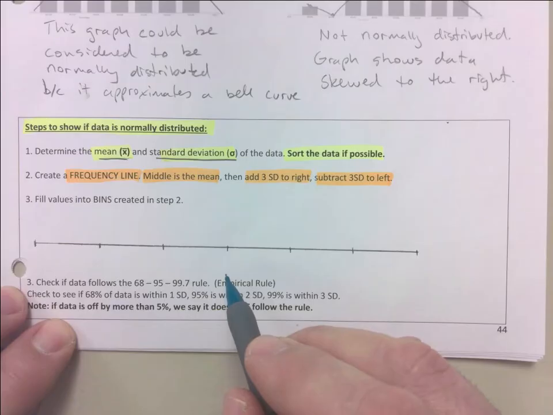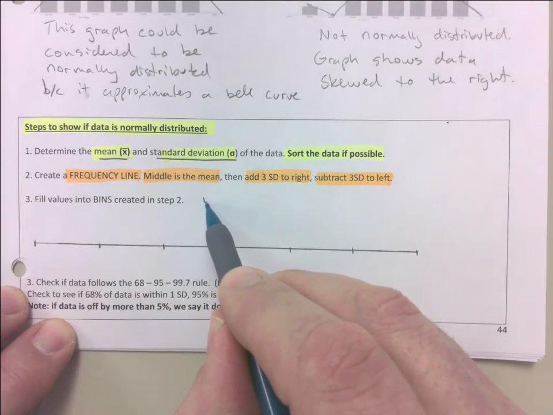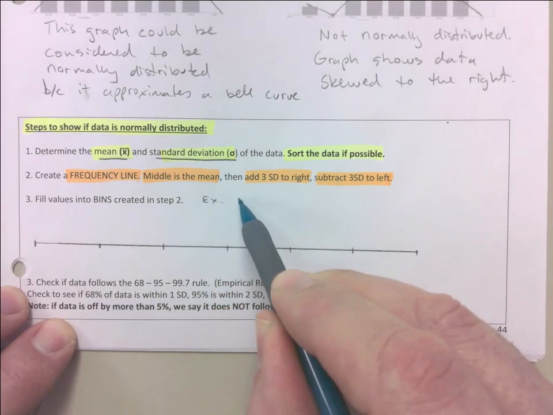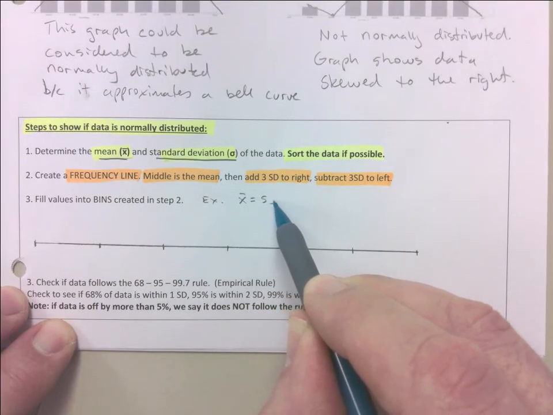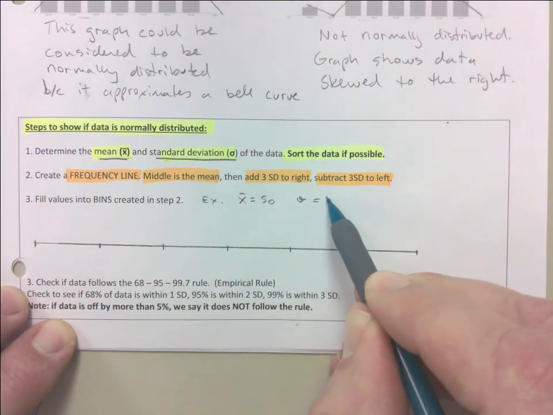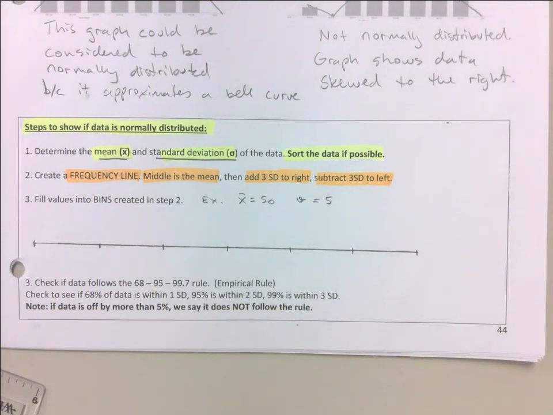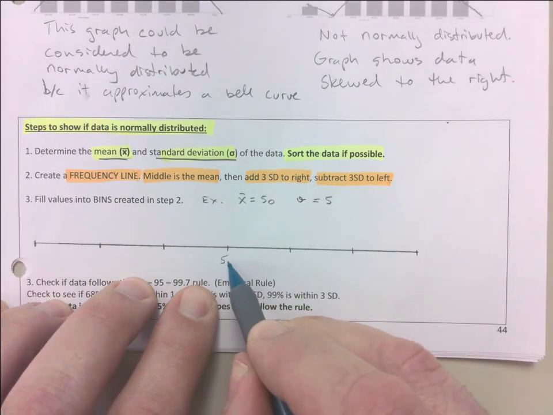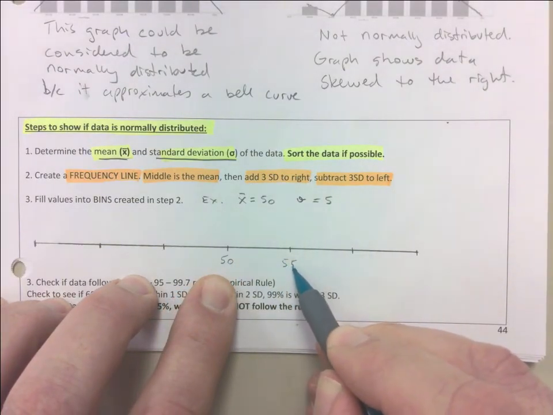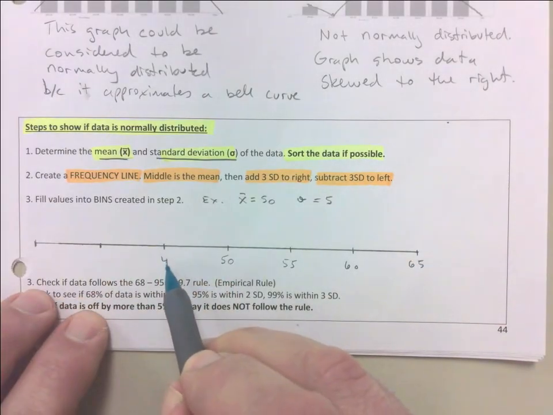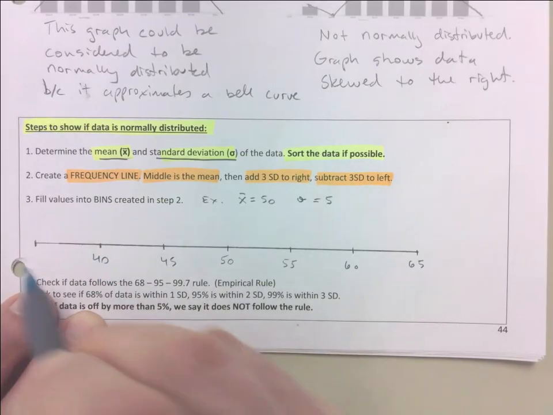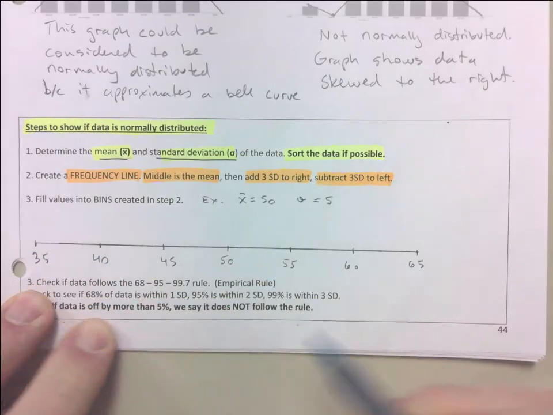Okay? Can I do an example? Let's use easy numbers. Our average is 50, and our standard deviation is 5, just for instance. Then you would go 50, 55, 60, 65, and 45, 40, 35.